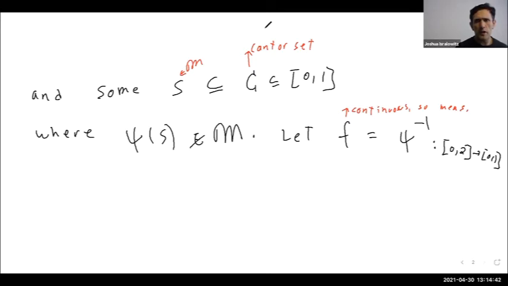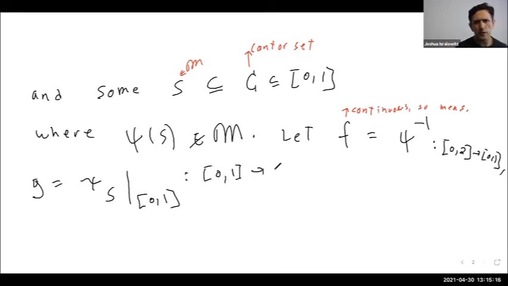Okay, and let's say G is the characteristic function from 0 to 1, the characteristic function of S. And we're thinking of this as a function that's restricted to 0 to 1. Okay. So this function takes 0 to 1.